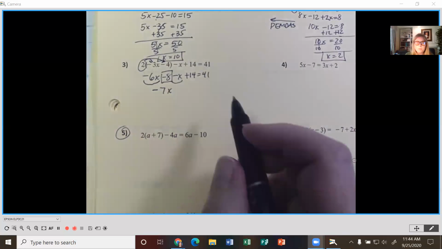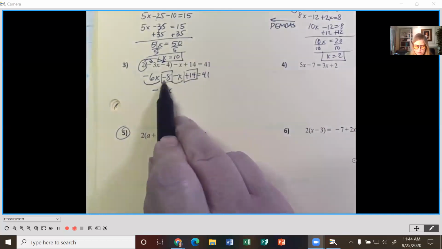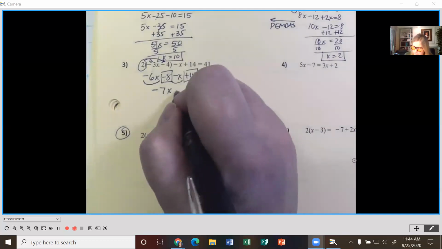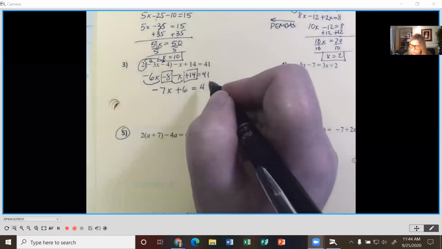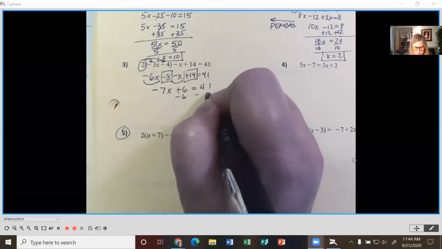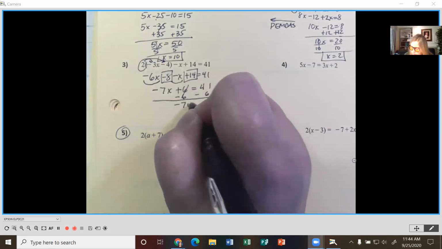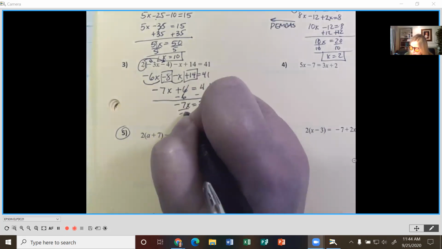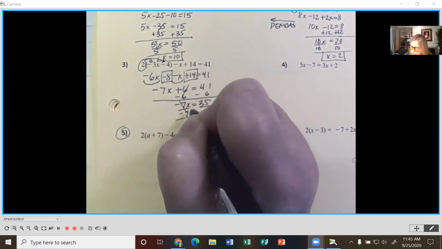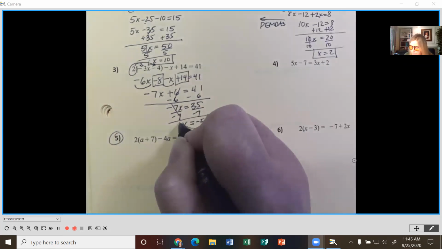And then we have negative 8 and plus 14, which is the same as 14 minus 8, which gives us 6. Then we're going to subtract 6 from each side. This gives us negative 7x equals 35, and then we divide each side by negative 7 to get x equals negative 5.